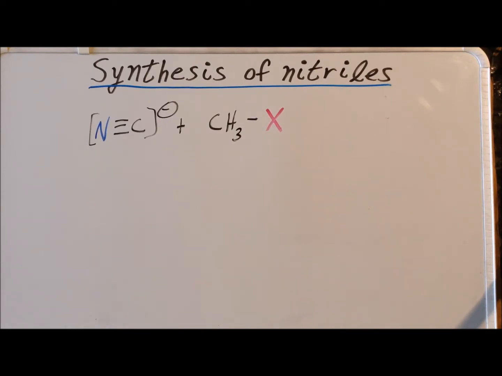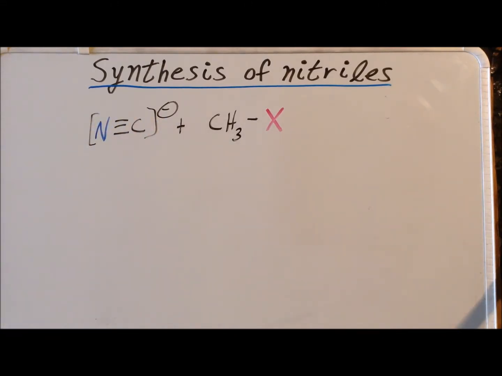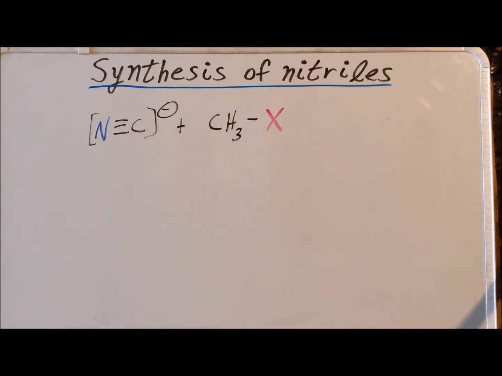A couple things to talk about first is that the cyanide ion is somewhat peculiar in that even though there's a bond between carbon and nitrogen, which is a more electronegative element than carbon is, the negative charge of the ion actually resides preferentially on the carbon end of the molecule, which is surprising.